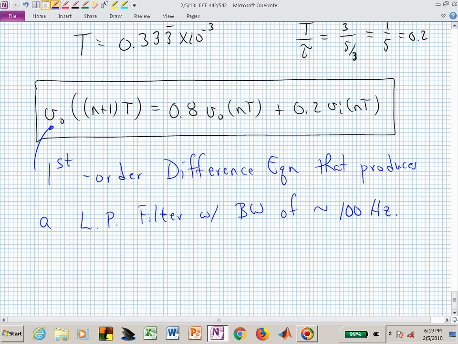Everyone comfortable with that difference equation?